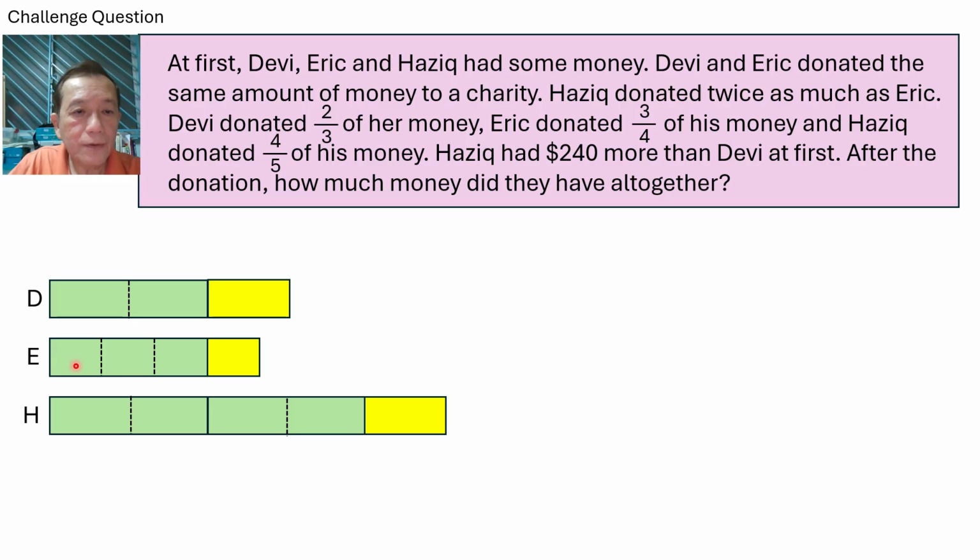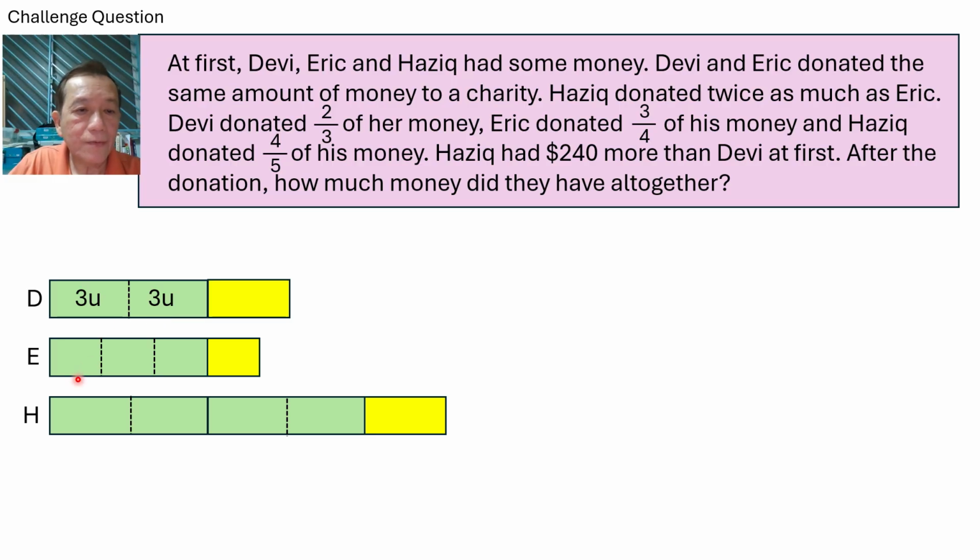2, 3. The LCM of 2 and 3 is 6. So we should subdivide until there are 6 parts here and 6 parts here. But it's easier to just write 3U, 3U, 6U, 6 parts.